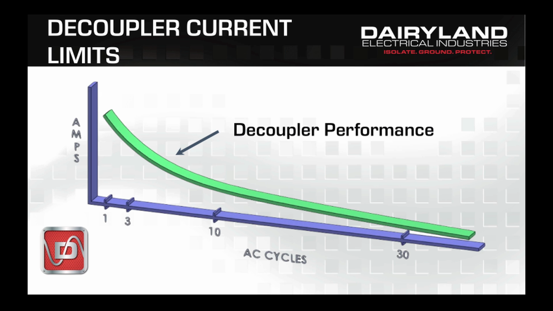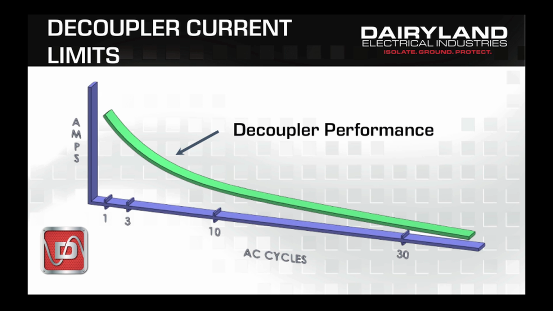In America, we have 60 hertz power, or 60 cycles per second, so 1 second equals 60 cycles. In foreign countries, it's not uncommon to have 50 cycle power, or 50 hertz power, so 50 cycles occur in 1 second. So if you look at the bottom axis here, I go up to 30 cycles, and that really represents 1/2 second in America.